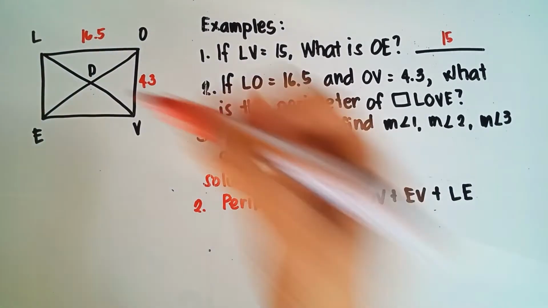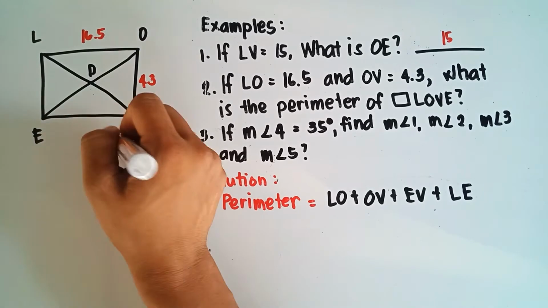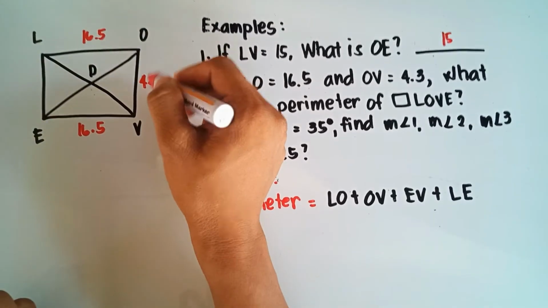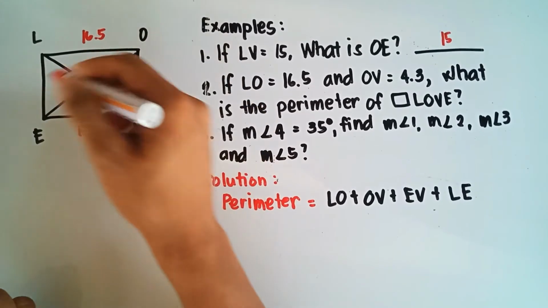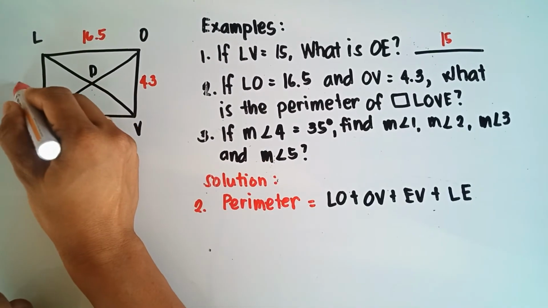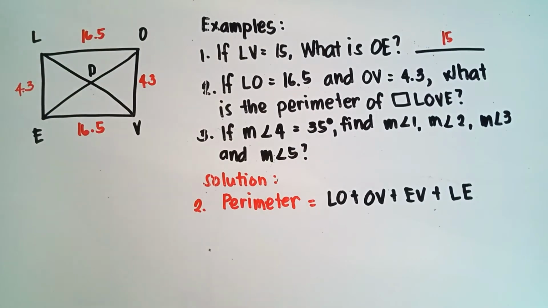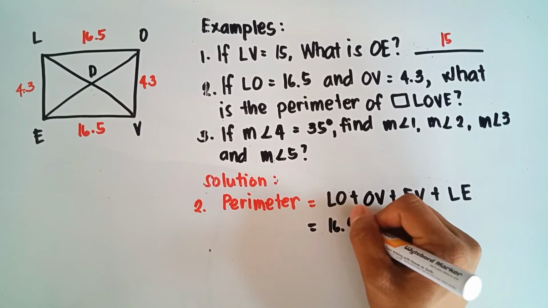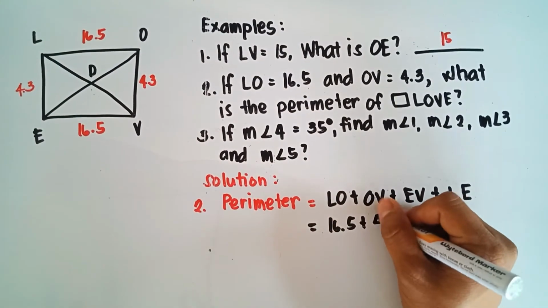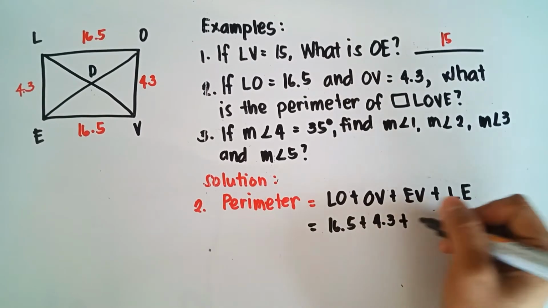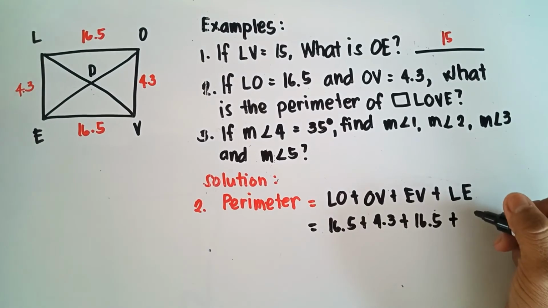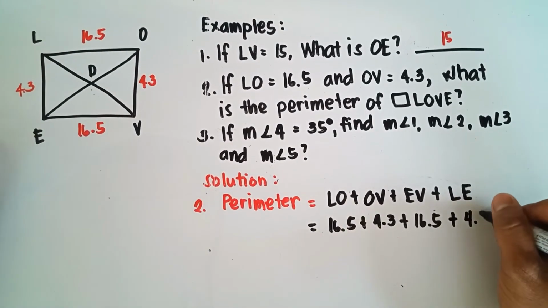So if this is 16.5, what's the measurement of EV? So this is also 16.5. If this is 4.3 OV, what's the measurement of LE? That is also 4.3. Then we are going to substitute. So this is equal to LO is 16.5 plus OV is 4.3 plus EV is 16.5 plus LE is 4.3.